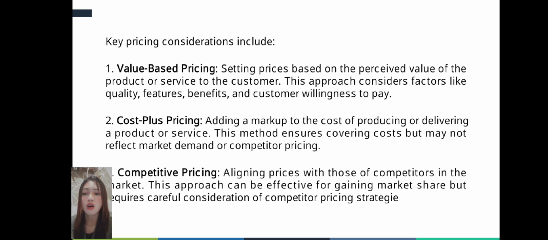Then the second one is cost plus pricing. So adding a markup to the cost of producing or delivering a product or service, this method ensures covering costs but may not reflect market demand or competitor pricing.